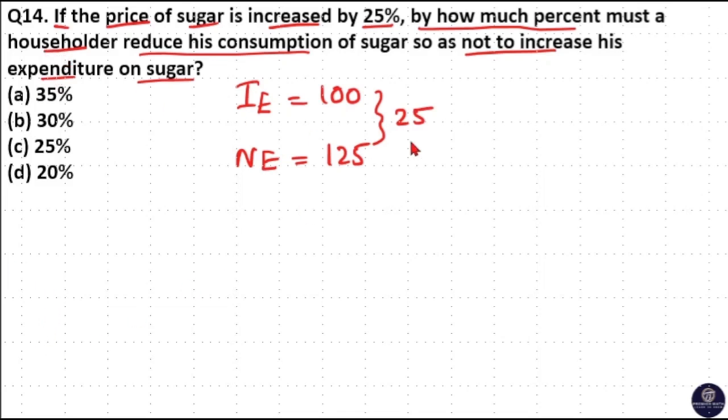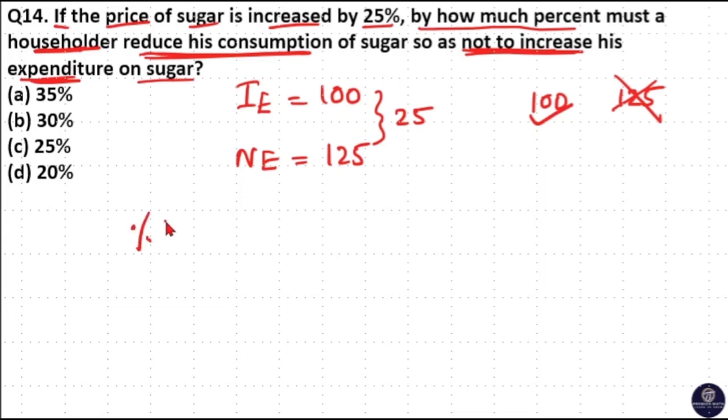Here price has increased, but this householder does not want to increase his expenditure on sugar. He wants to keep it as 100 rupees. Initially he spent 100 rupees for sugar. Finally the current price is 125, but he doesn't want to spend 125 rupees. He only wants to spend 100 rupees.